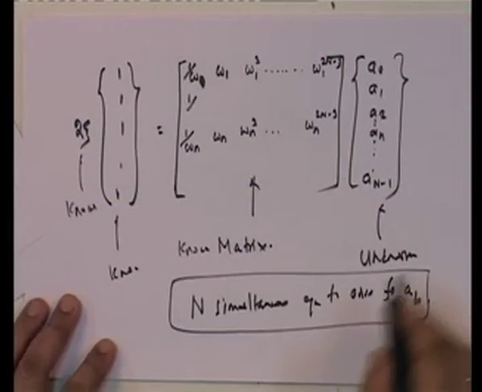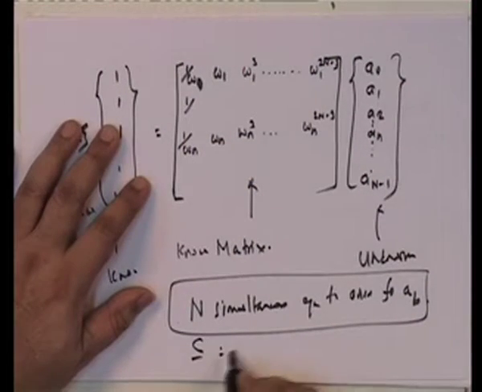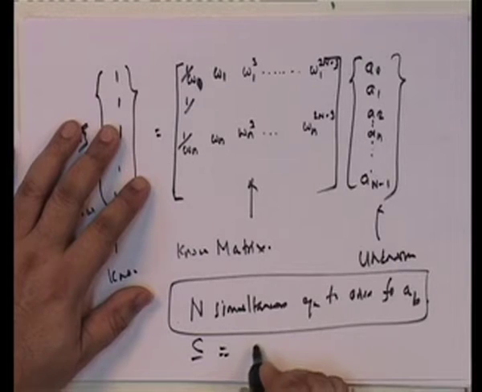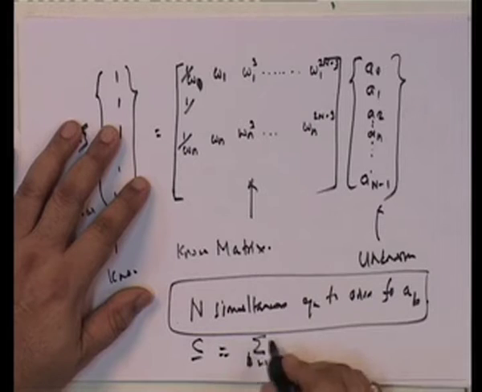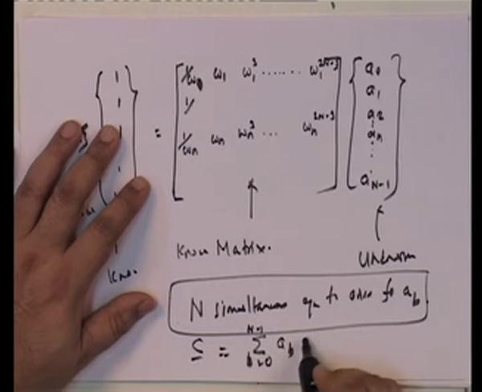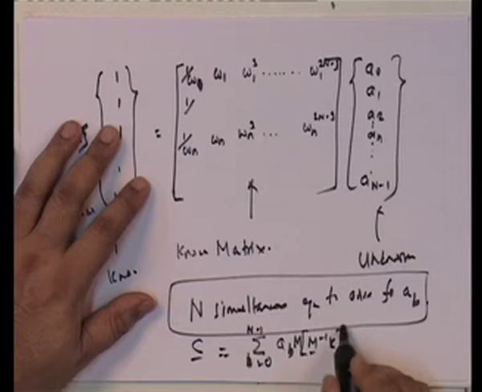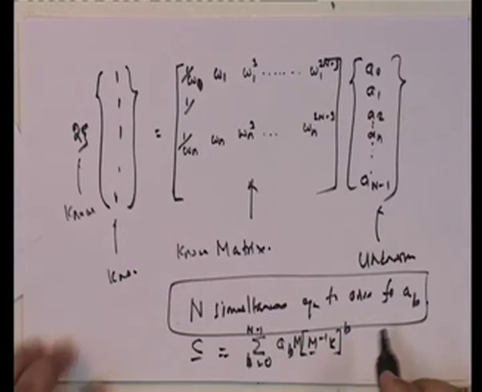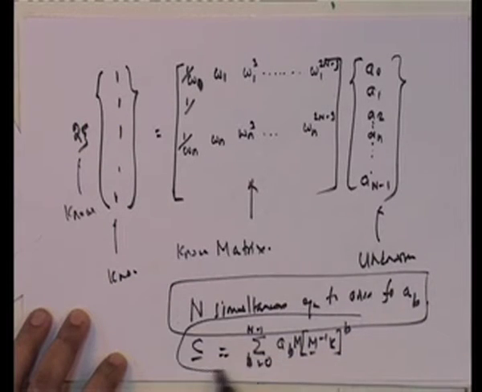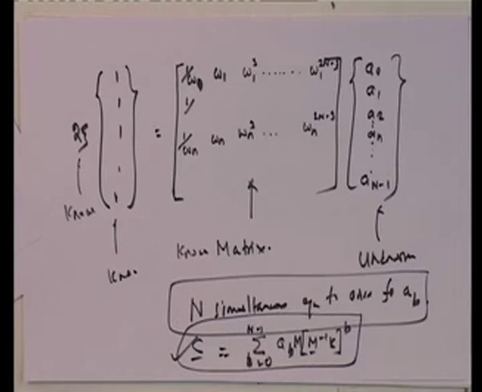Once I solve for that, I have got my equation, because C is equal to summation B going from 0 to n minus 1 AB m into m inverse k to the power of B. I found out my AB, I can find out my C matrix.